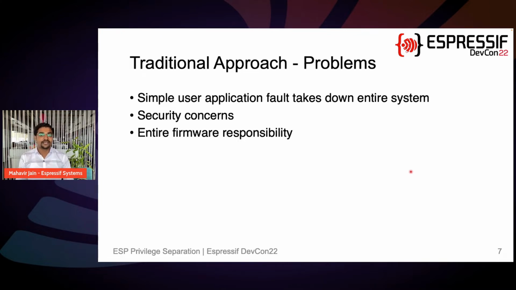The third aspect here is the firmware responsibility. In this aspect, the product owner or product developer has the responsibility to manage the Wi-Fi driver, the networking stack, the operating system, the TLS stack, and so on. So he needs to know about all of these pieces and has to take the entire responsibility of this firmware.